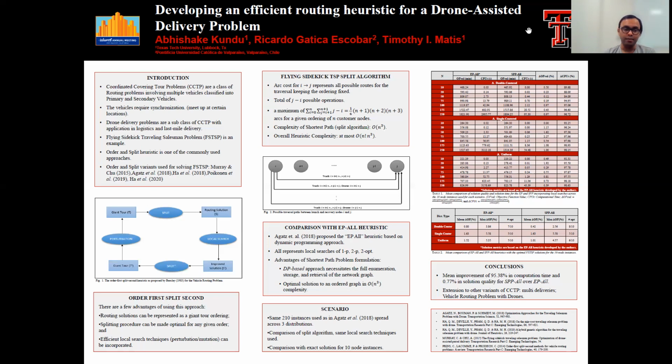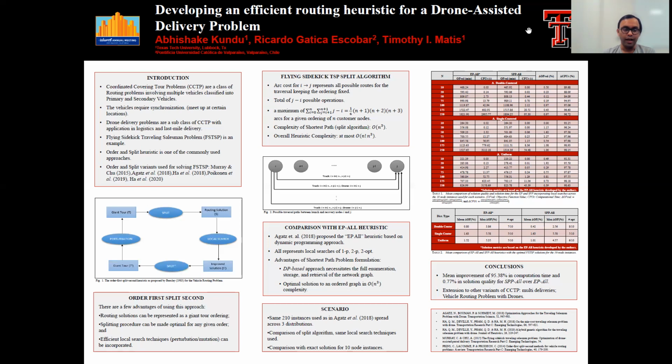Moreover, we keep the same local search strategies to generate the solutions to just compare our split algorithm with theirs. And we see in table 1 that we observe a mean improvement of 95.38% in computation time and 0.77% in solution quality for SPP all algorithm over the EP all algorithm that was proposed by Agatz et al.